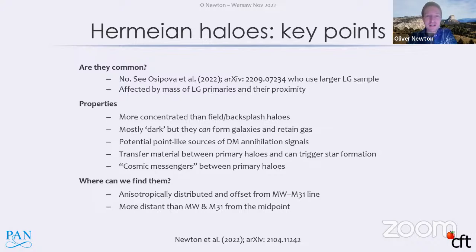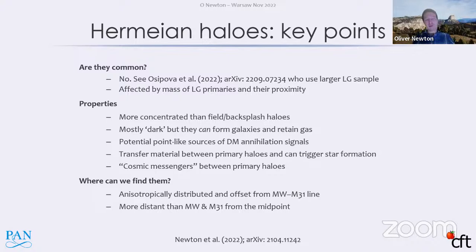But they are more concentrated than other field halos, which could make them useful as potential sources of dark matter annihilation signals. And perhaps most interestingly, from my perspective at the moment, the transfer of material that they can carry out between the two primary or host halos, the Milky Way and M31, could maybe leave some kind of fingerprint or some source of pollution in those two that could be a signal of their presence in the past.